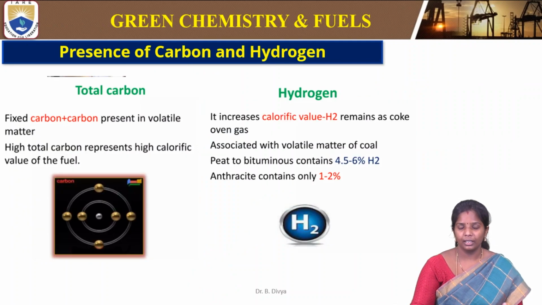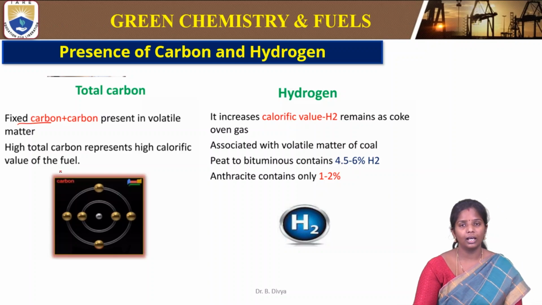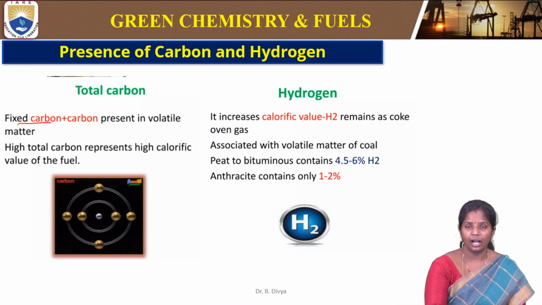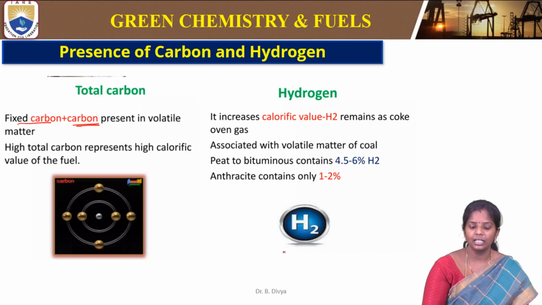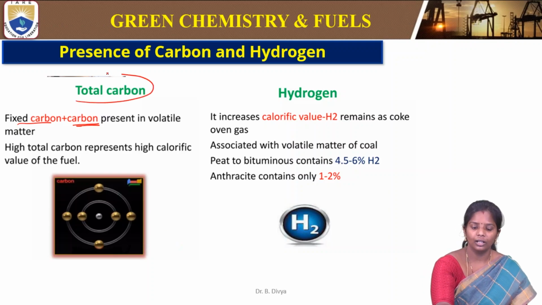So how are they present in the coal? Total carbon is nothing but the fixed carbon present in the coal plus the carbon present in its volatile matter. So these two together give total carbon.